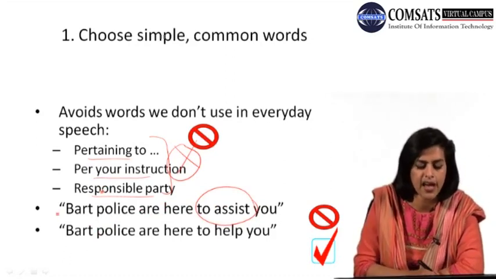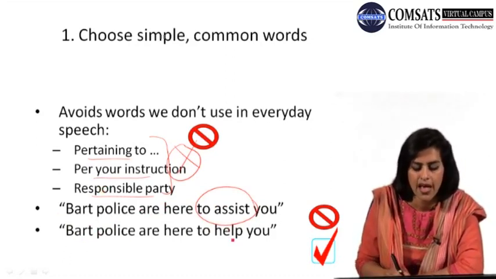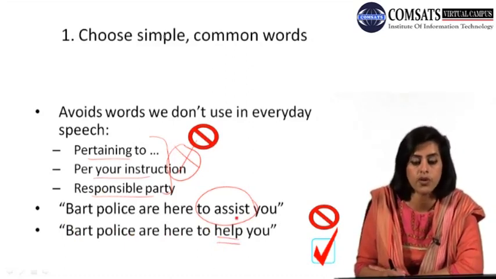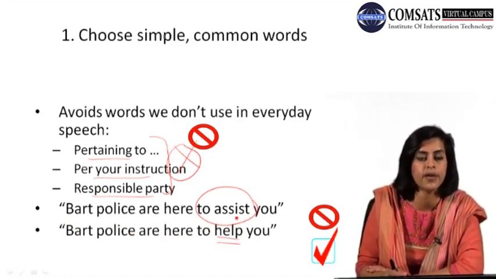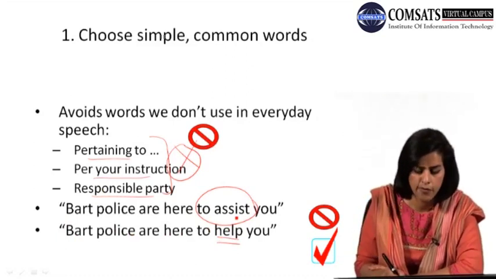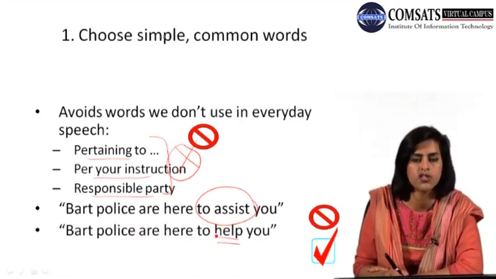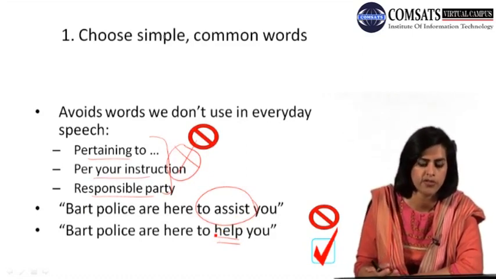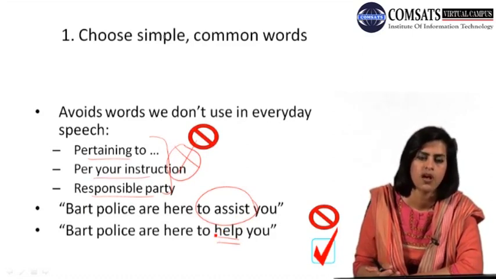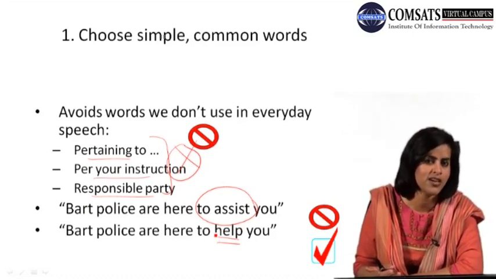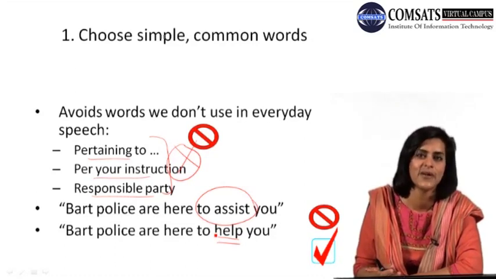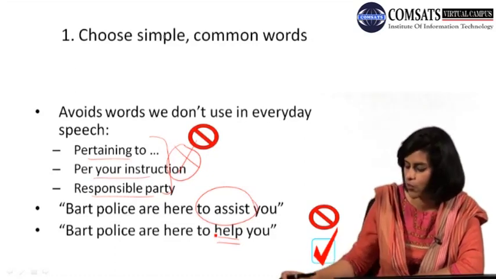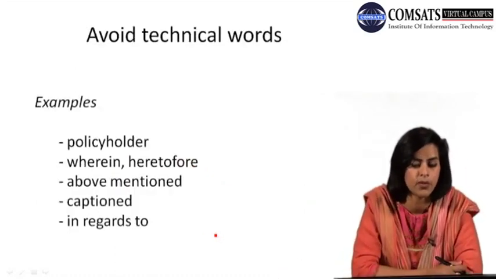So instead of that, we would say, "police are here to help you." Help is a more common, simpler word that is understandable by the majority of people. So simple and common words should be used to reflect what you have to say. As per your instruction, responsible party and pertaining to should be replaced with simple words, and I am giving you the task to define these three phrases in your own words, or in simple words.